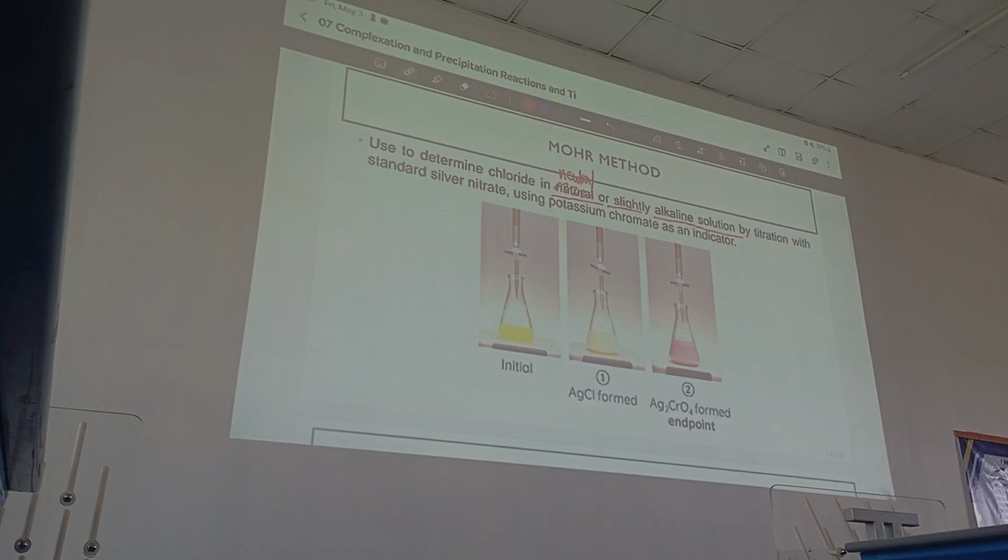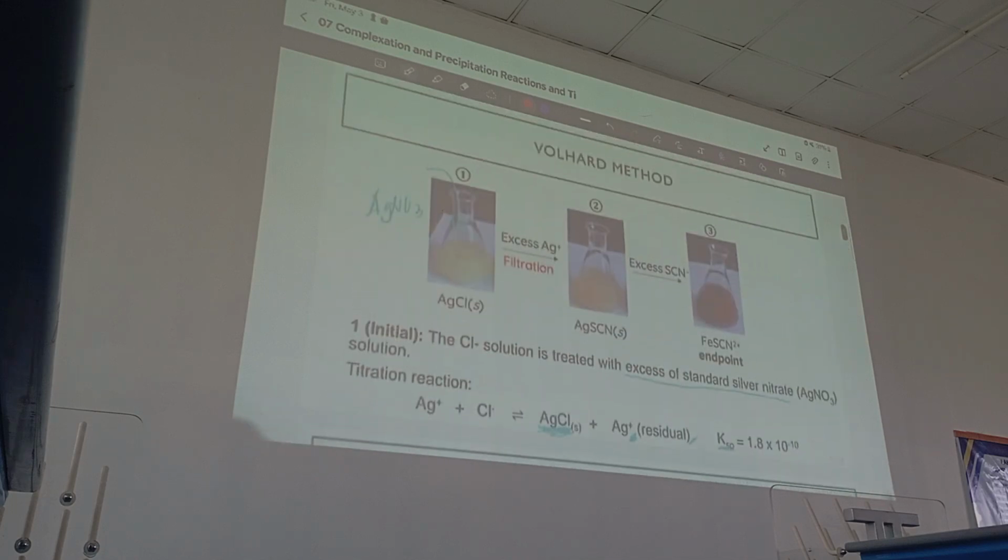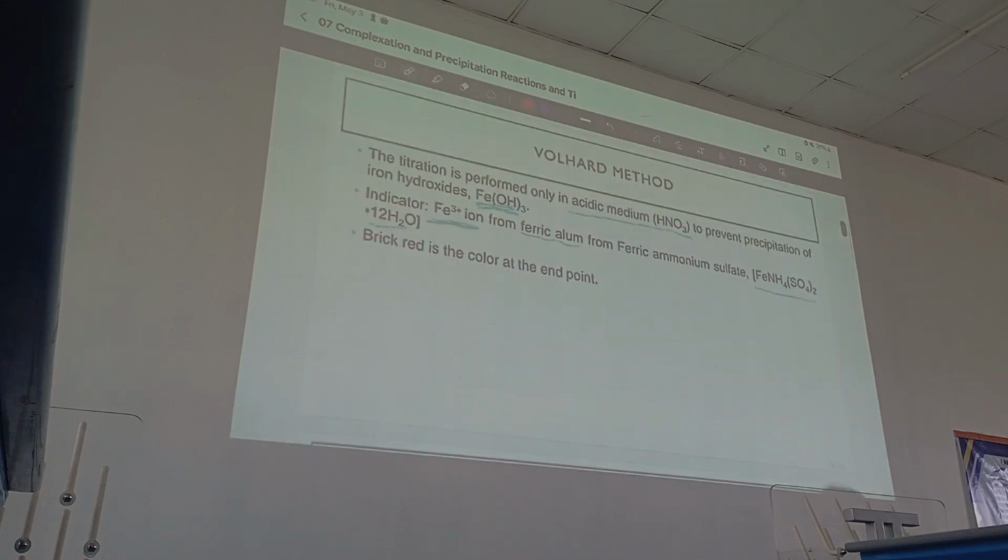Let's summarize. Sa Volhard method, unsa ang pH? Kung si Mohr kay neutral, unsa man si Volhard? Acidic dapat si Volhard. Si Mohr, neutral.